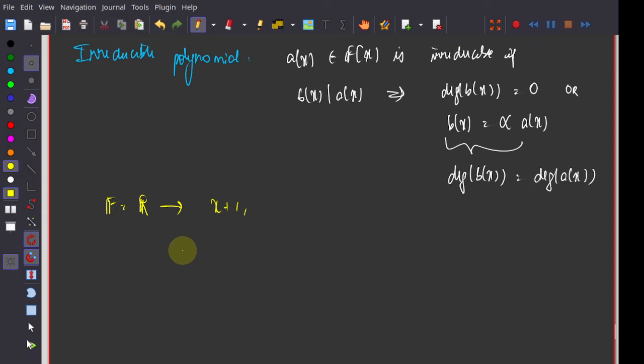Correct. So, therefore, there's nothing in between. All degree 1 polynomials. Okay. What about degree 2 polynomials? Is there a degree 2 irreducible polynomial?